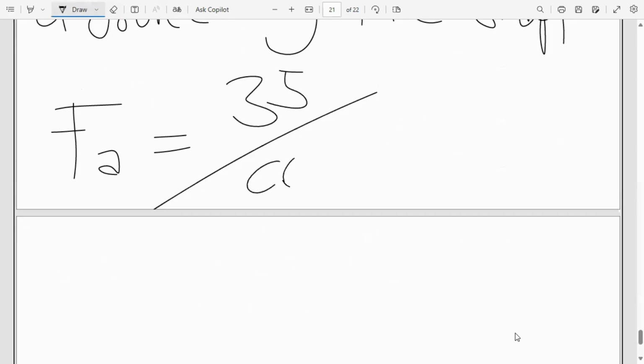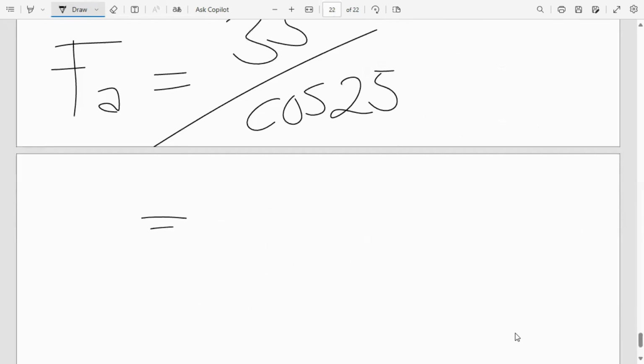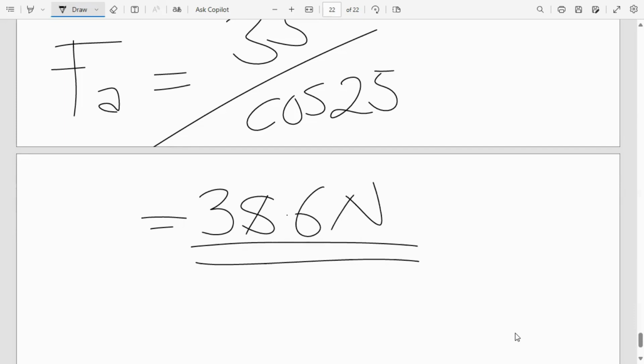And this is going to give us a value of 38.6. Now, since this is a force, it is going to be in Newtons. So that is the force that is applied by the shopper on the cart.